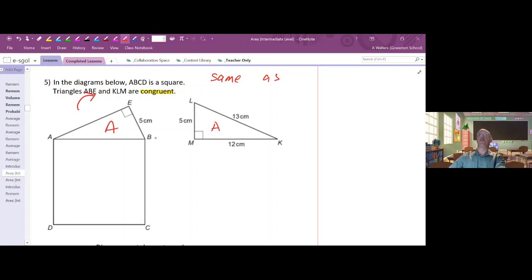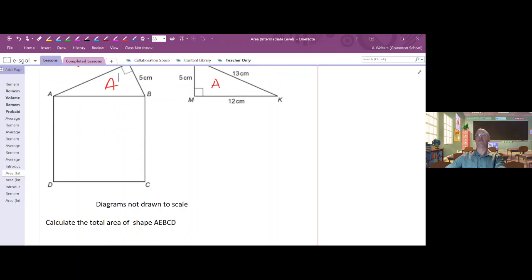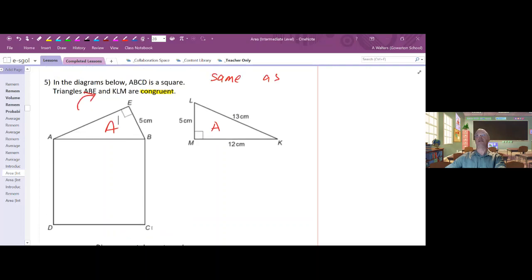Right, so what they go on and ask further down is the area of the whole shape, A, E, B, C, D. I'm going to cut that out slightly because I do want this to be as large as possible. They want the combined area of the square and the triangle. Now, as I said, that triangle is congruent to that, so it's quite easy to work out the area of this triangle.